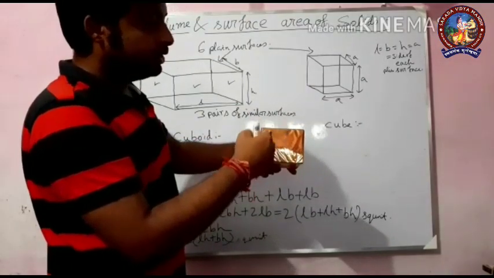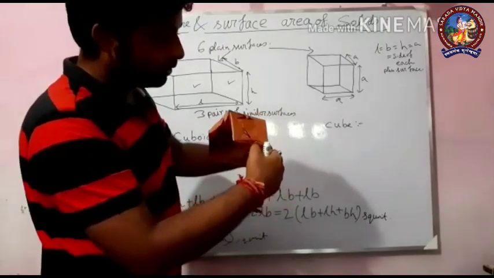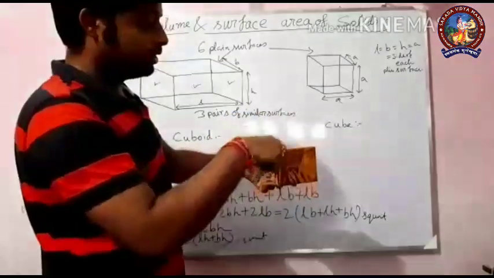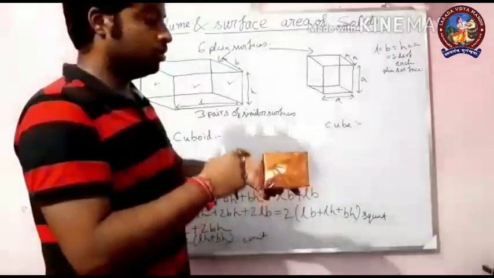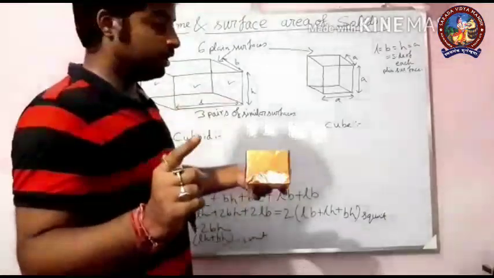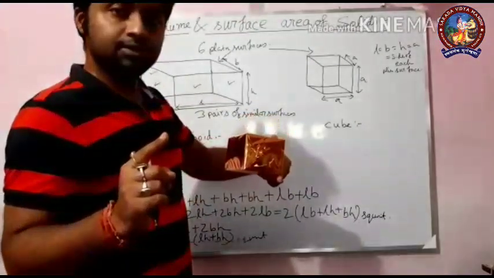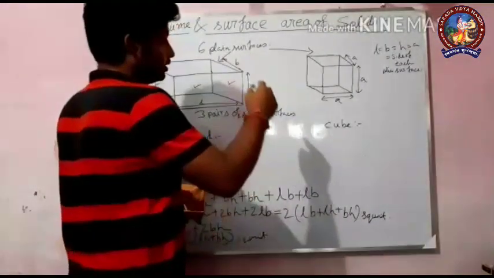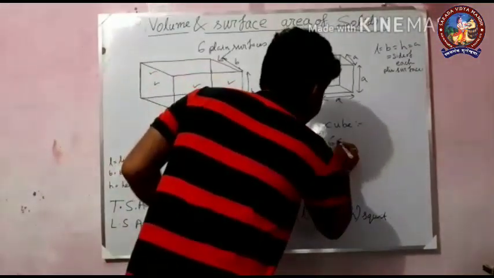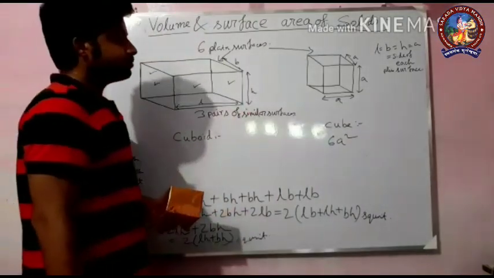So each and every surface area of this cube will be A square. If the area of one surface is A square, in a cube we know that there are a total of 6 surfaces, so the total surface area will be 6A square, right?